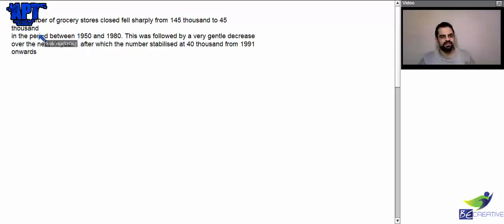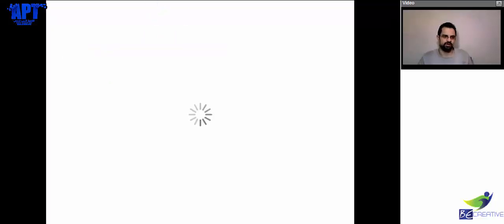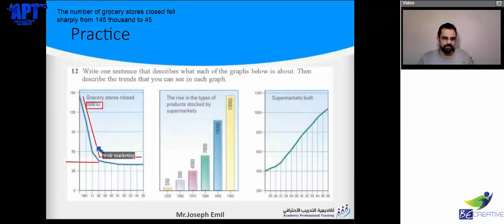Is it difficult to do something like that? Not at all. So you say that there was a sharp drop here followed by a very gentle decrease over that period, and then it plateaued at this one. What about the next one?